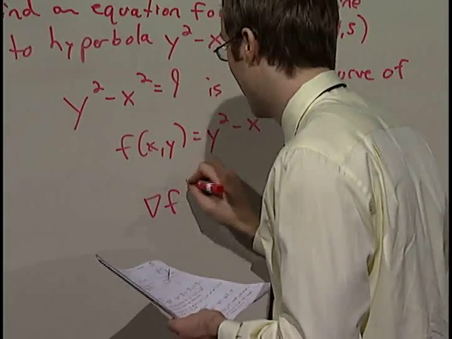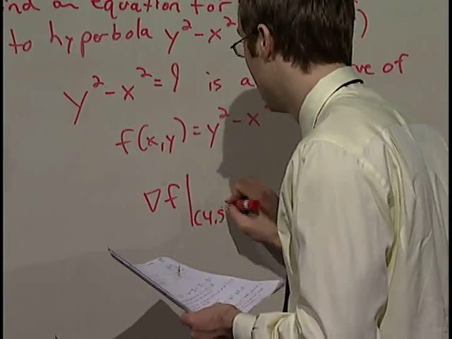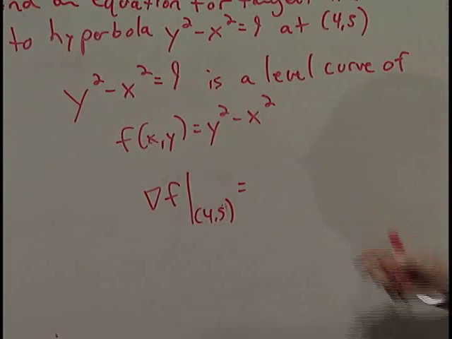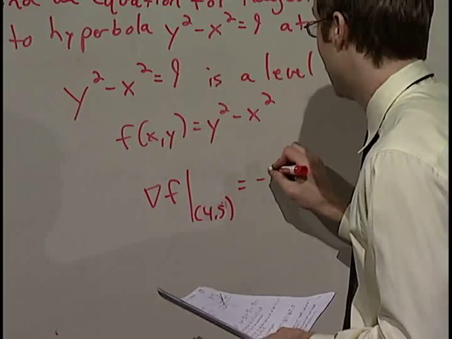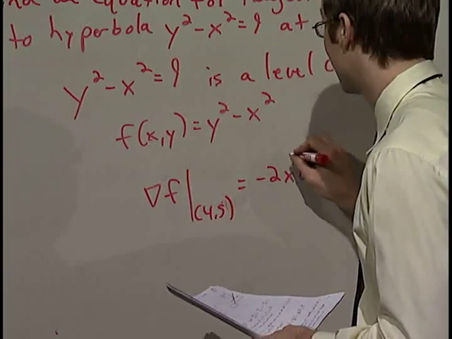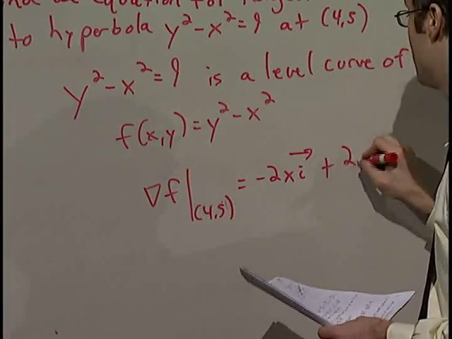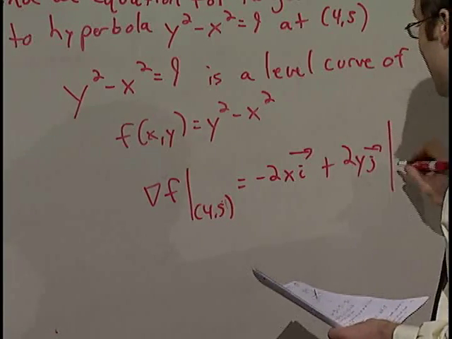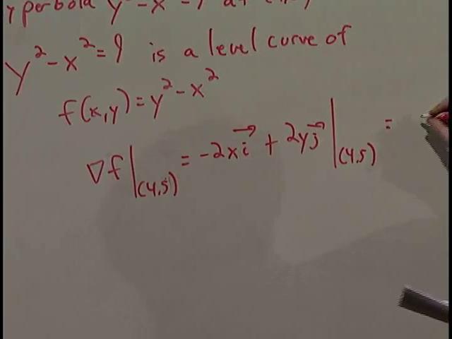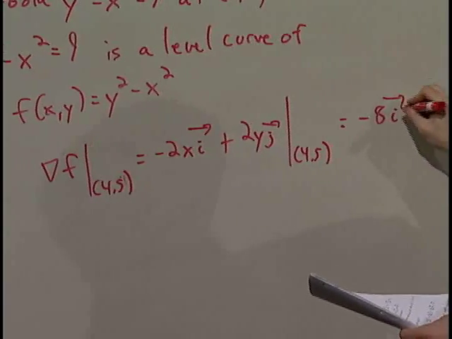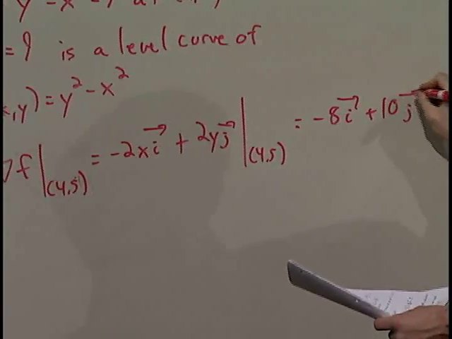So the gradient of f at that point is what? So it's negative 2x i plus 2y j evaluated at 4, 5. Right? So that gives you negative 8i plus 10j, right?